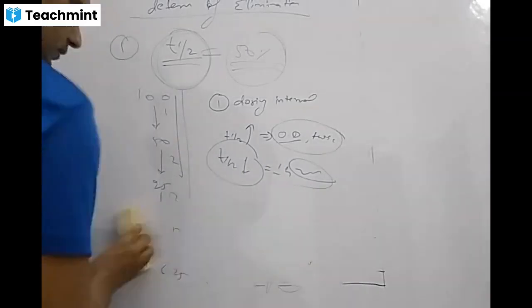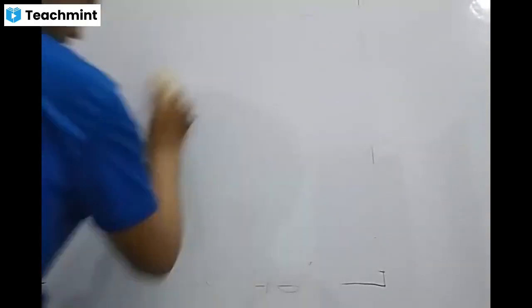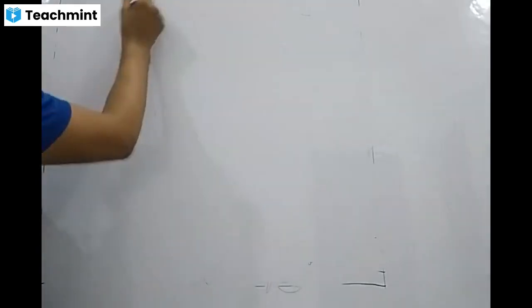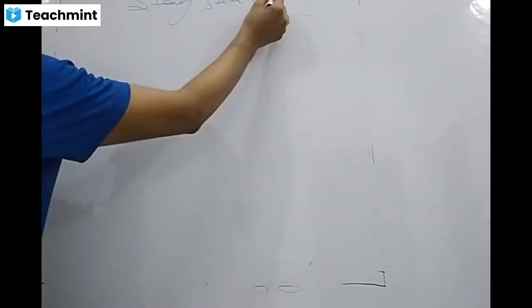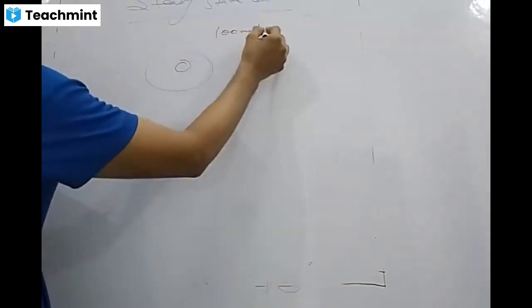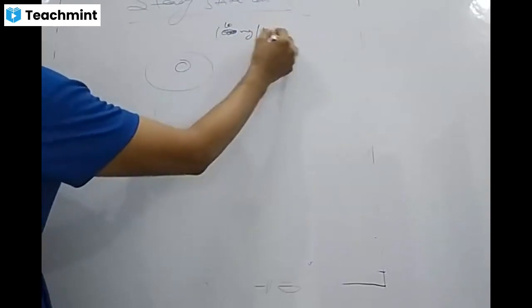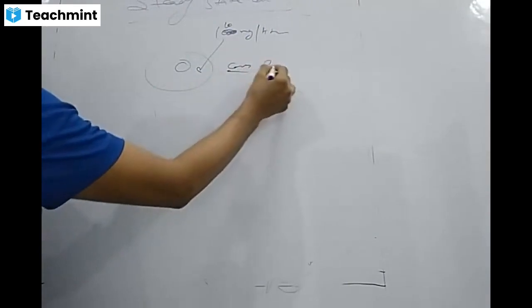Second, T half will tell you the steady state concentration. Initially, if we administer a drug through IV at a constant rate, suppose we administer 10 mg per hour, then this is the rate of administration.